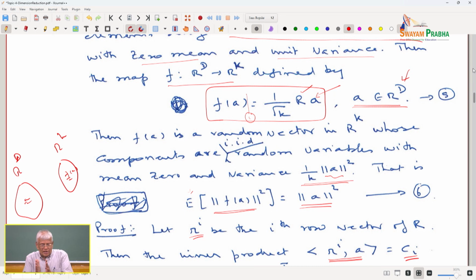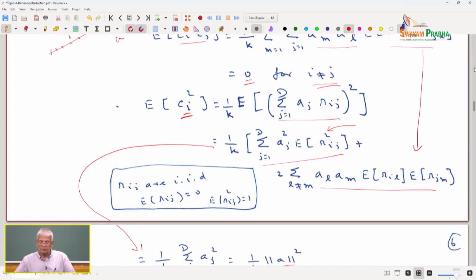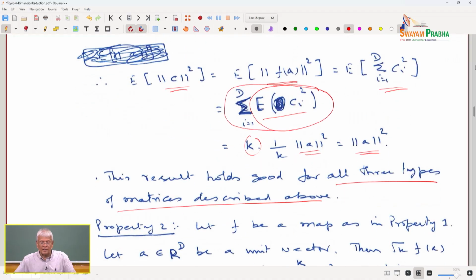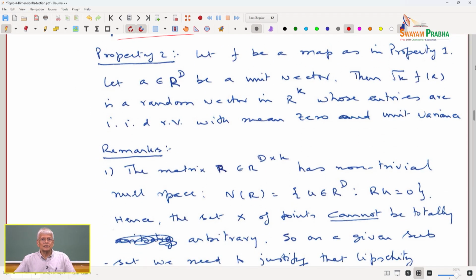I shouldn't say too much right now, but in an expected sense, the square of the length of f of A is the same as the square of the length of the original vector A. Please remember, f of A is random. Even though it is random, its expected value is the same as the square of the length of A in the original space.